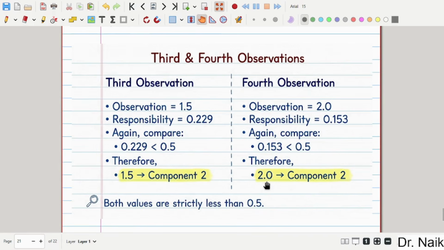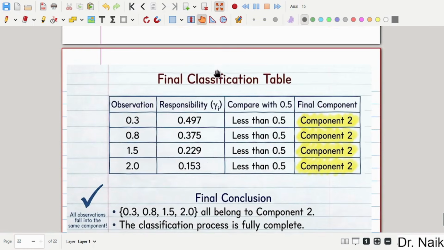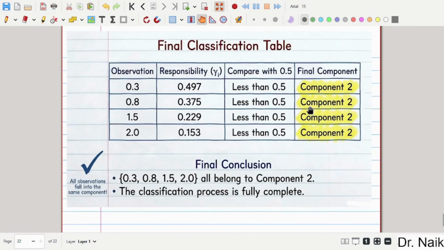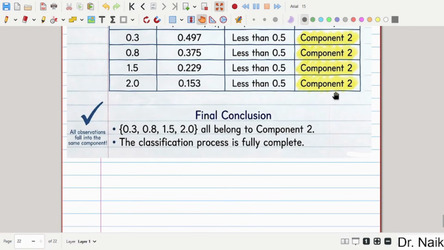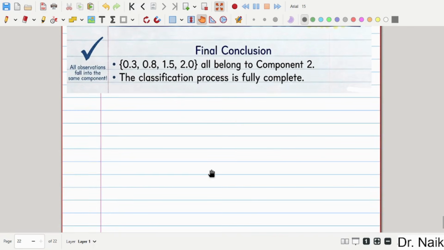Therefore, the fourth observation 2.0 belongs to component 2. So this is our summary table. 0.3 belongs to component 2, 0.8 belongs to component 2, 1.5 belongs to component 2, 2.0 belongs to component 2. Thank you.